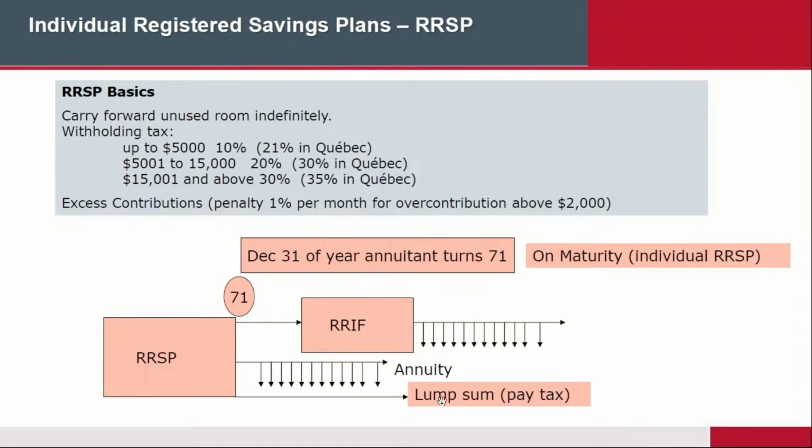Whereas if you cash it in completely, in other words, you got your $500,000 and you cash it in, pretty well half of it is gone in a lump sum. Whereas with a RIF or annuity, you don't pay tax on the entire $500,000. You're only going to pay tax on the money as received.